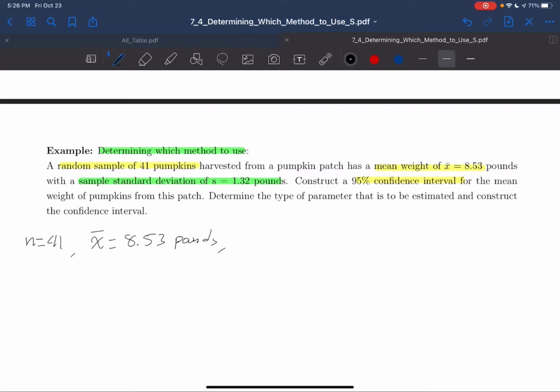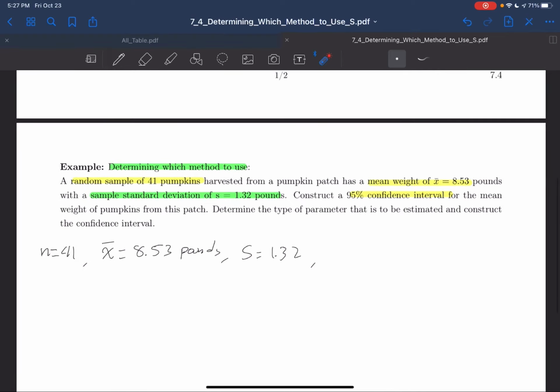They also tell us that the sample standard deviation s is 1.32 pounds, and our goal was to construct a 95% confidence interval. So let's pause for a moment here. Which method are we going to use? You could just take a guess.